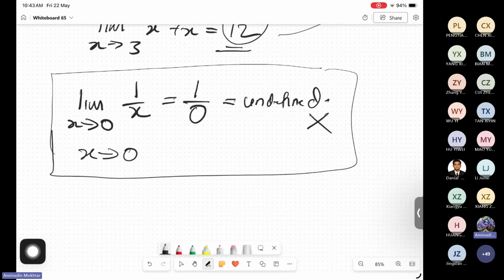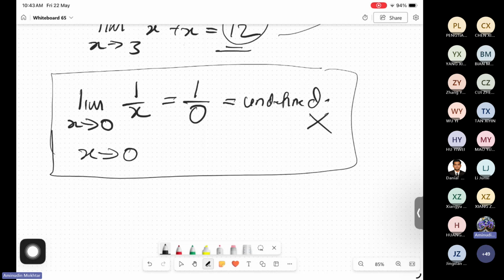What is the rule of limit? The rule of limit tells us that in order to find the limit, we can just substitute x in the question and check whether there is an answer, a value of y. If there is an answer, it is also equal to the limit.